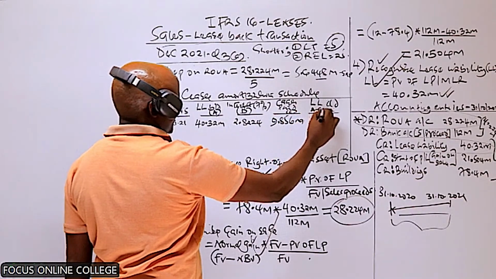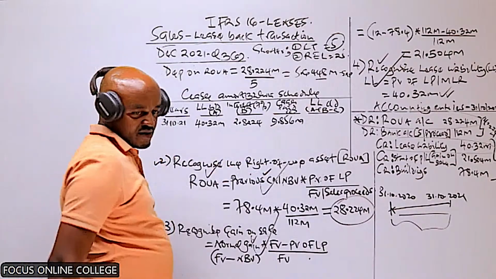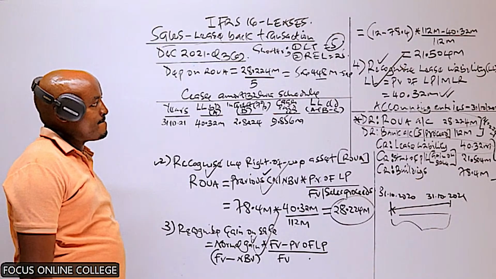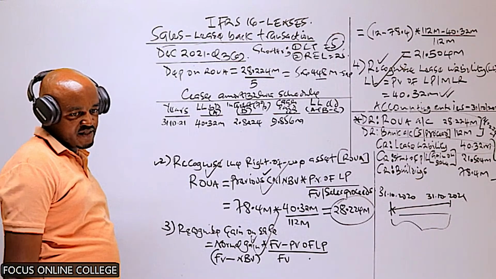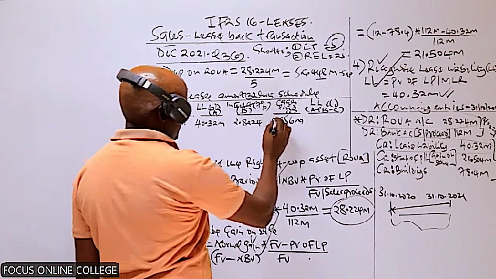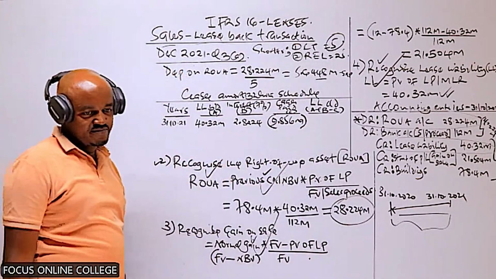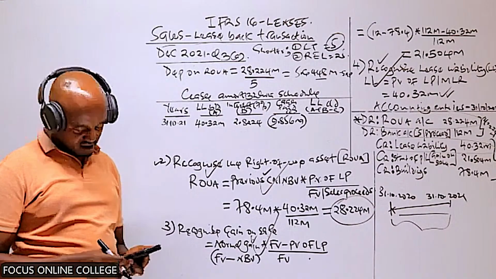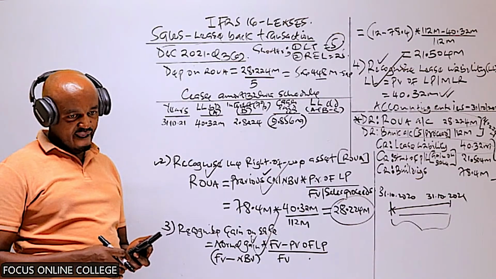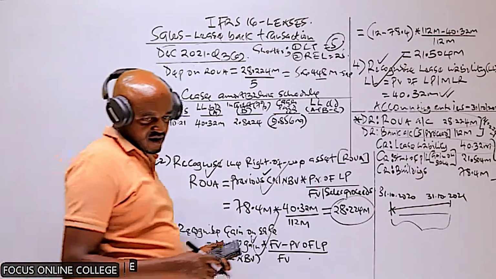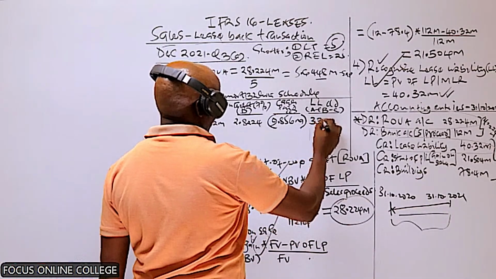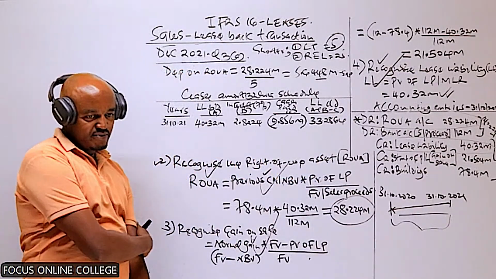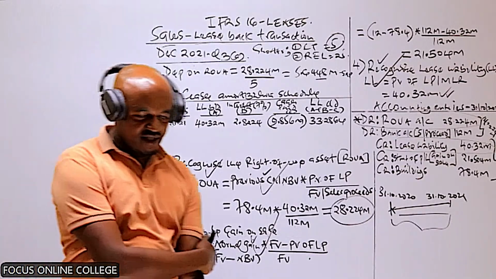This is A plus B minus C. So what will be the lease liability at the end of year 1? 33.2864. Yes, that is the lease liability.